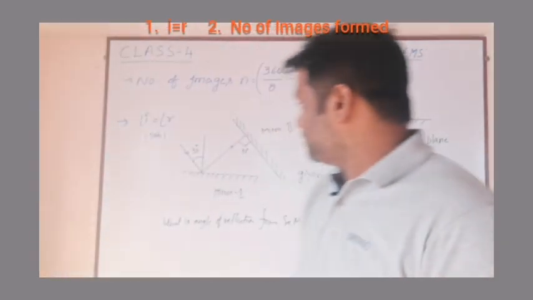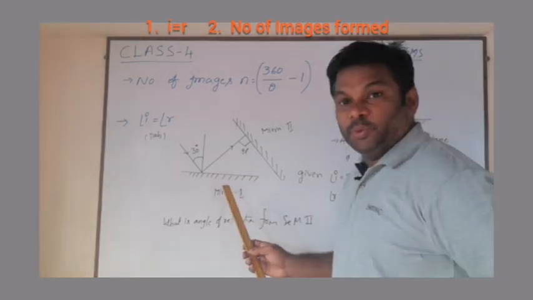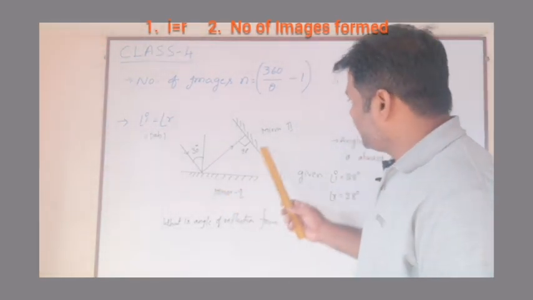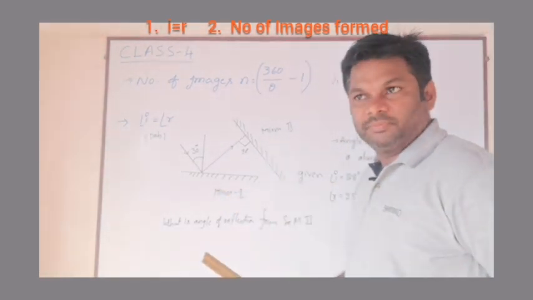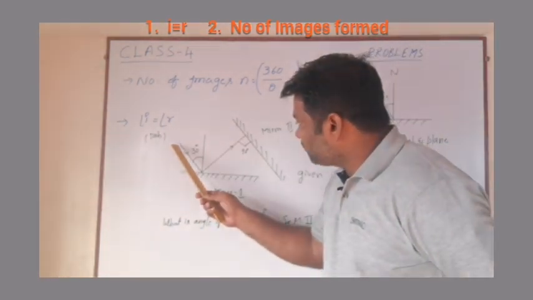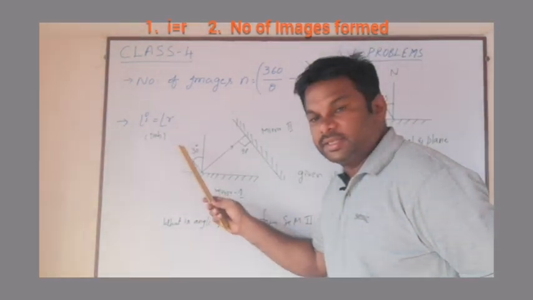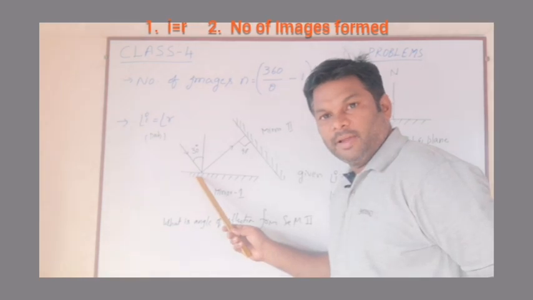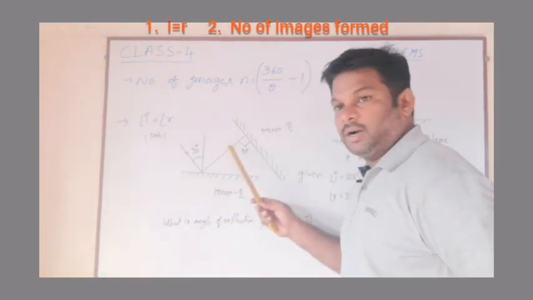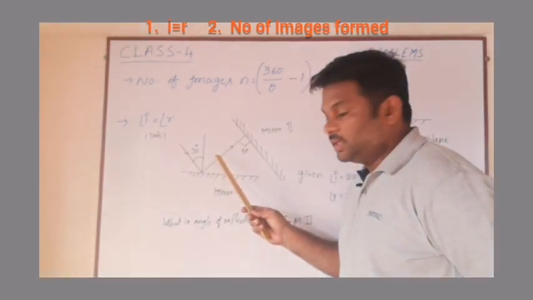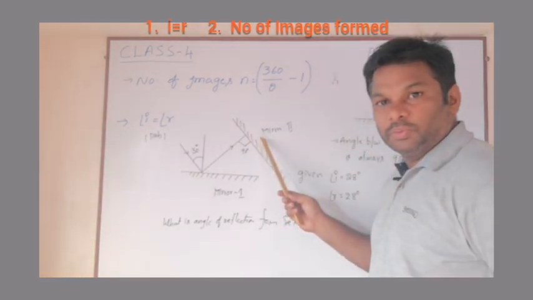If you watch this picture, you can understand you have two mirrors. This is mirror 1 and here is mirror 2. This is the first incident ray which is incident on mirror 1, and after bouncing back it is incident on mirror 2.